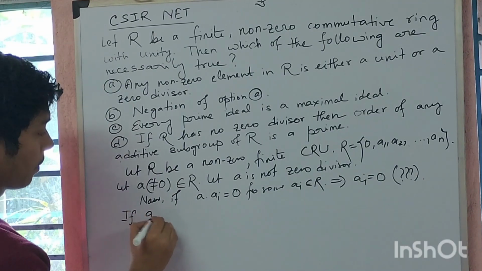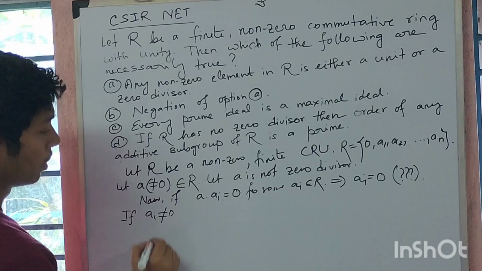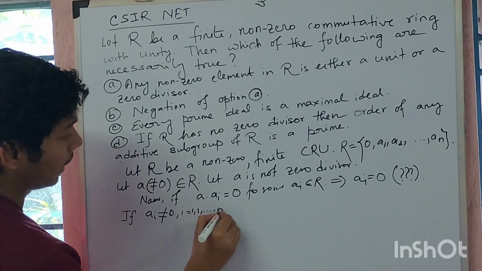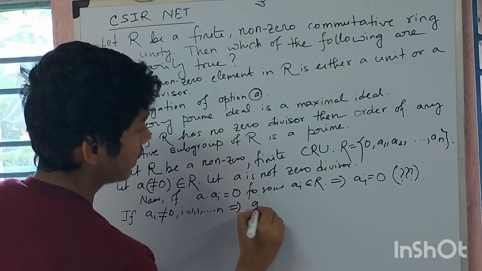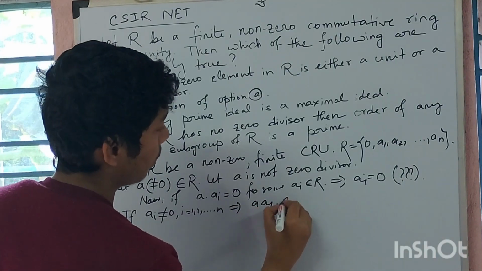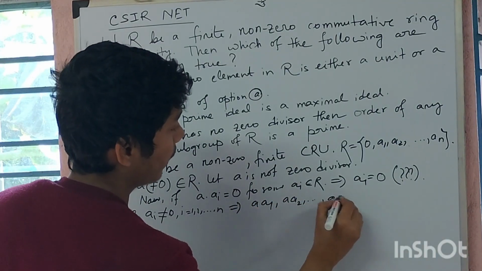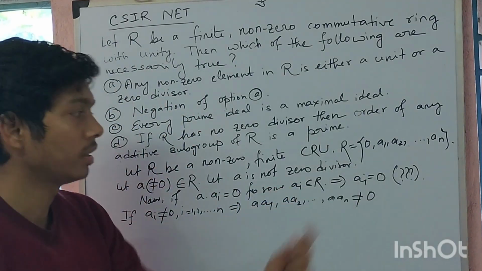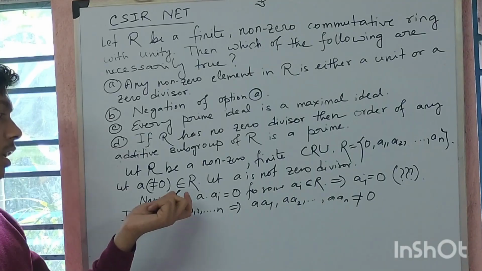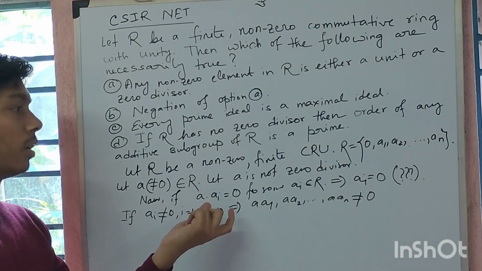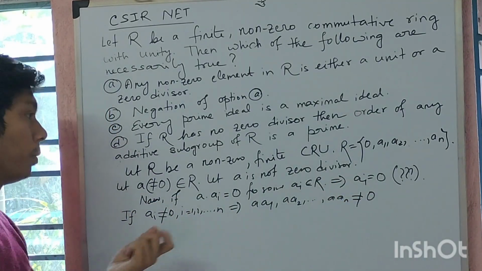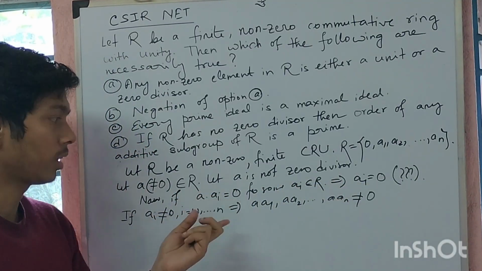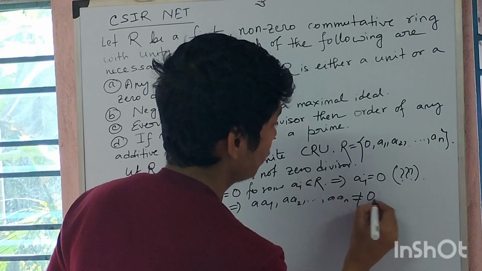From the previous one, if this product is 0, then ai must be 0. So by contrapositive, if ai is not equal to 0, then this multiplication is not 0.